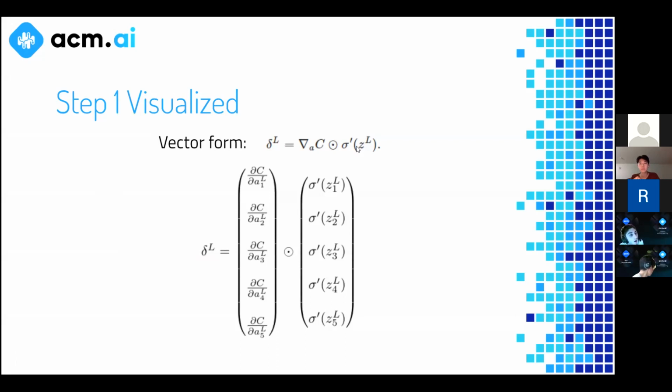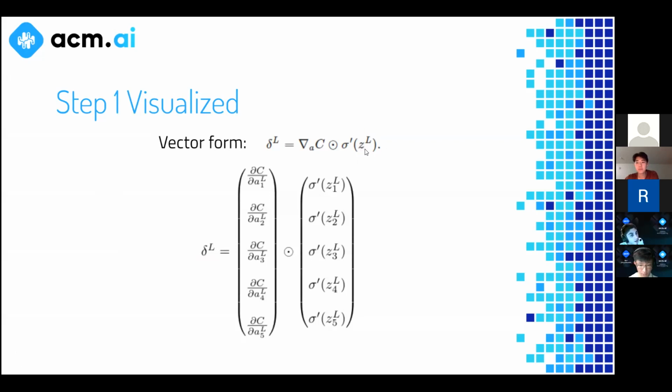You recall that we don't have to recalculate ZL because we already have it from feeding forward. It's impossible for us to do backpropagation if we don't feed forward, because we need all of the values that we got in the feeding forward. So this ZL, we just got it when we did feeding forward.